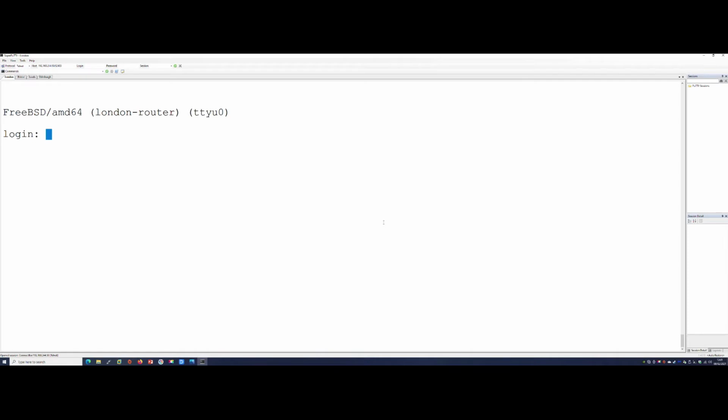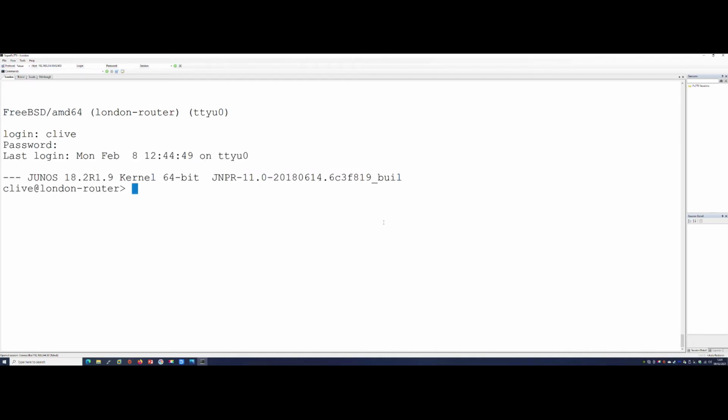Now, I've done some advanced configuration here so that we're at the same position as we were in the previous lessons on all 4 systems. So London, Bristol, Leeds and Edinburgh. So let's have a look at the configurations first that you can see.